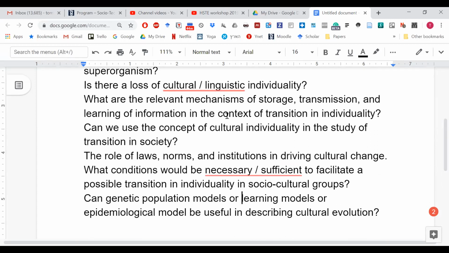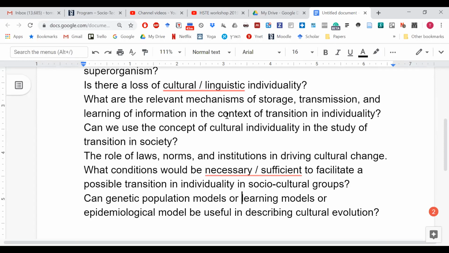Alternatively, I would look at cultural evolution and try to see if there's anything in the ongoing cultural processes that modify or come close to that. And the third one is to take to the extreme the claim that humans are indeed going through a major evolutionary transition and look at the future.